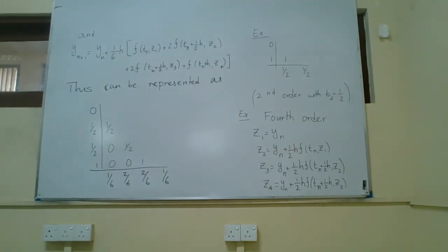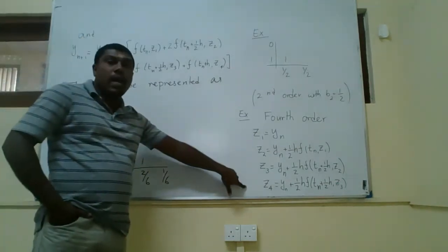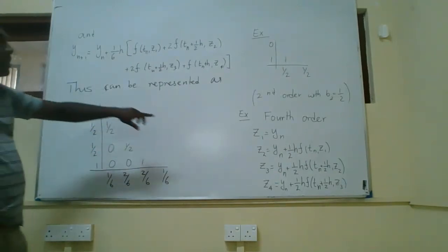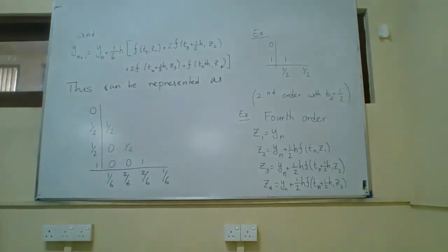So the idea here is, if this table is given, you should be able to figure out these values and this formulation as well, or vice versa. If this formulation is given, then you should be able to figure out the tabular representation. So one way to the other, you should be able to do.